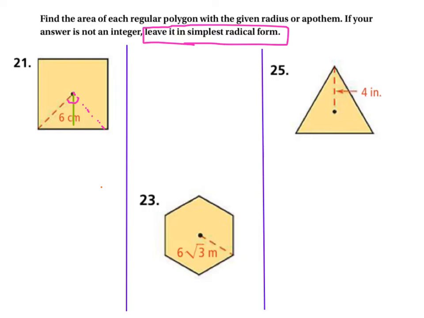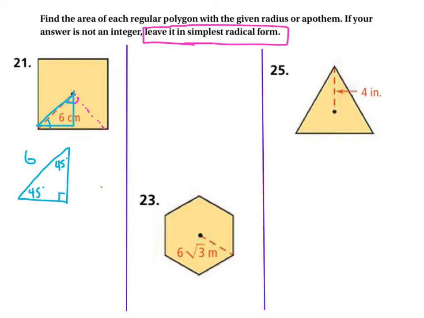So that means that each smaller angle here is 45, and so this triangle right here is a 45, 45, 90. So let's sketch that down here. We've got a 45, 45, 90 triangle, and we have a 6 for a hypotenuse.